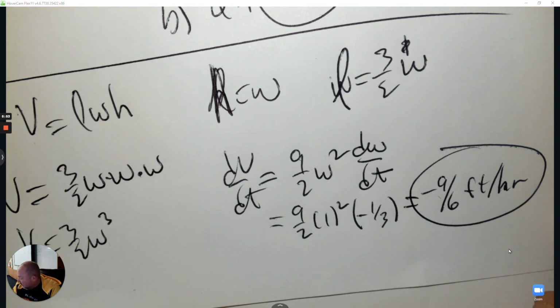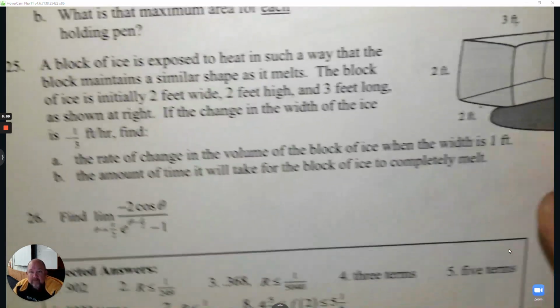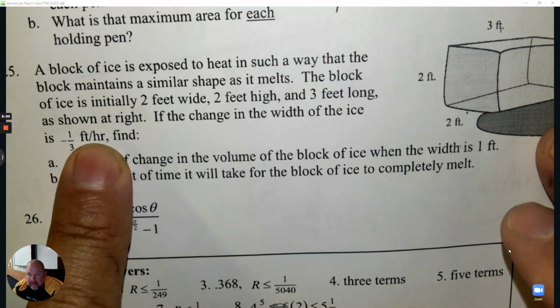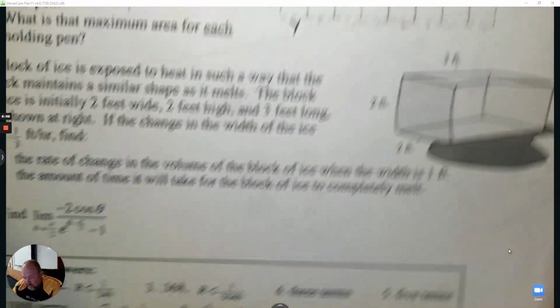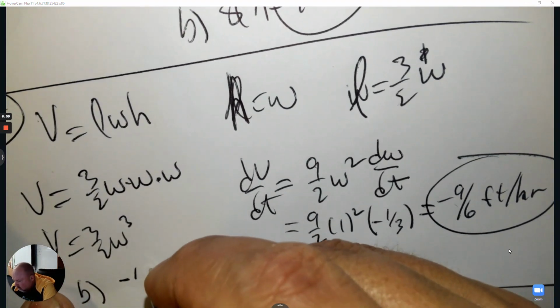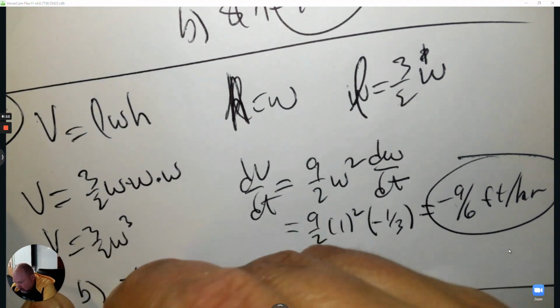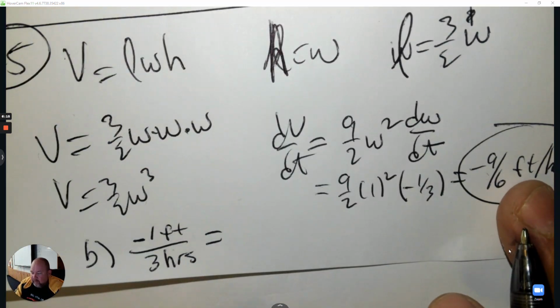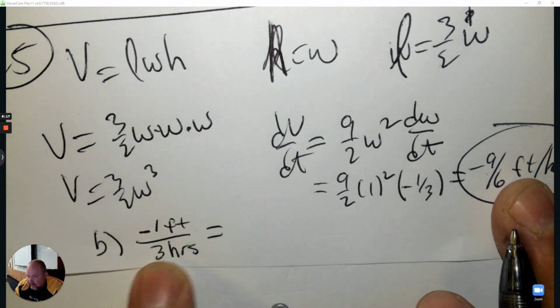The second part is what amount of time it'll take for the block of ice to melt. Well, the width is losing a foot every 3 hours.